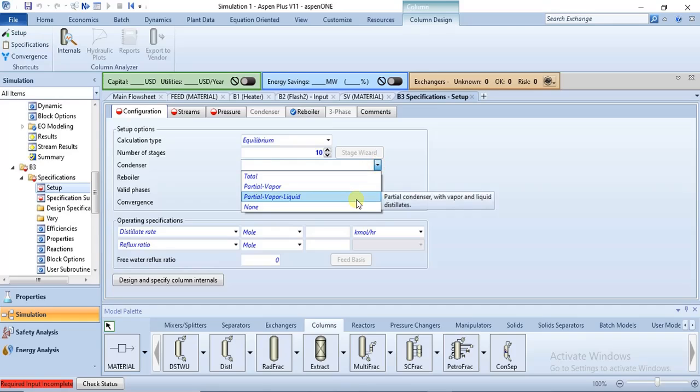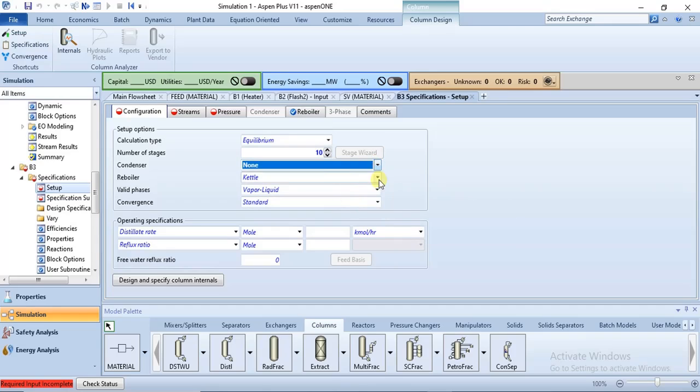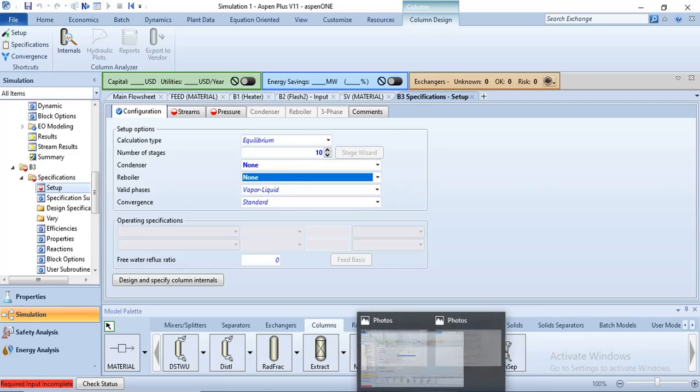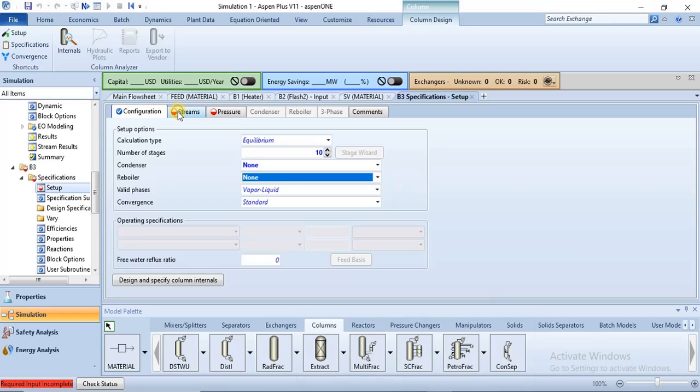So I will click none for condenser and reboiler type. My reason for doing that is because there is no information about the condenser or the reboiler in that particular problem statement. So I'm going to click none for both of them. Then what else do we have there? They mentioned something about the feed stage. Let's go to streams.